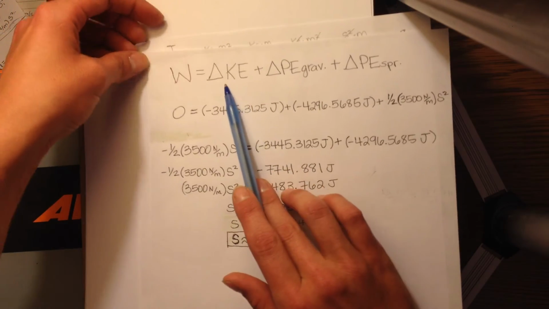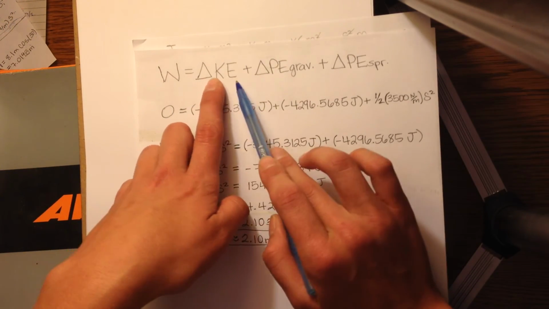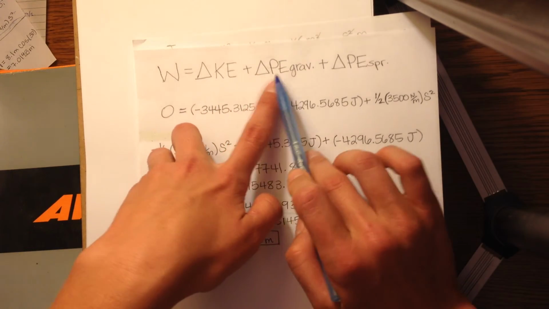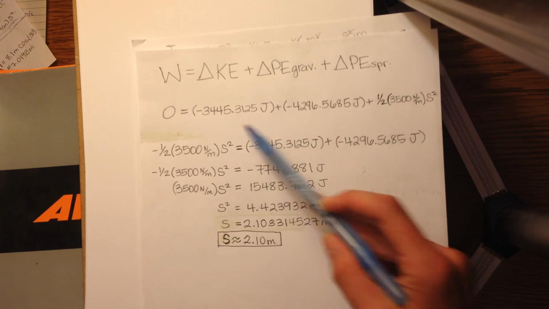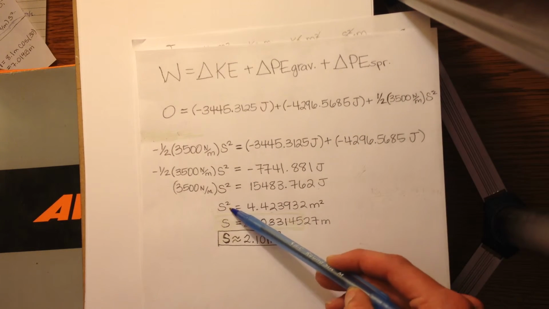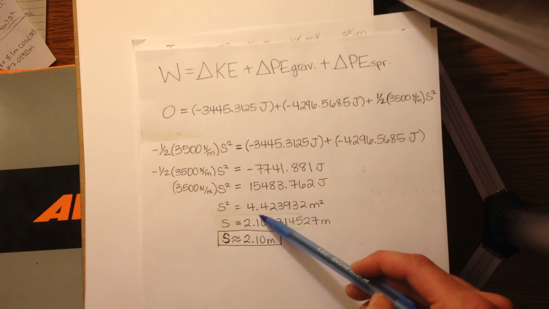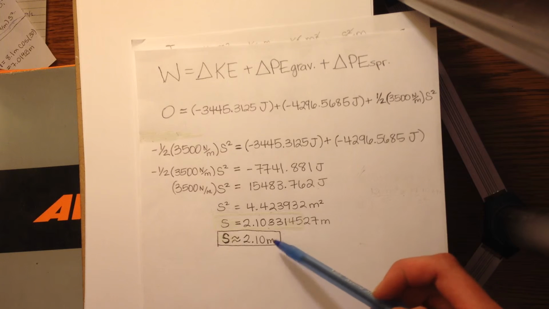Work equals the change in kinetic energy, plus the change in potential gravitational energy, plus the change in potential spring energy. We're going to use algebra to solve this. Solve for s, take the square root here, and we'll get approximately 2.10 meters.